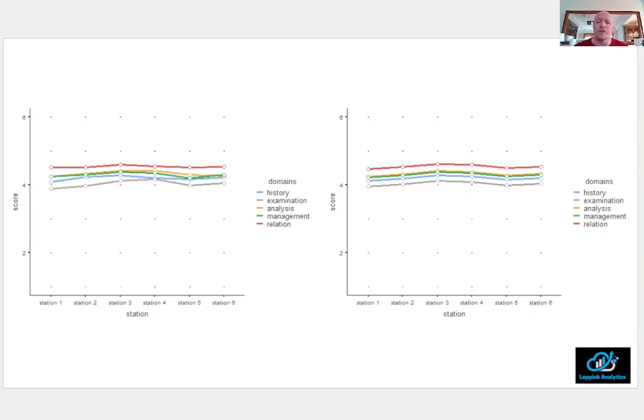And knowing how different stations and domains perform is important to understand key features of the current assessment and the cohort that has undertaken the assessment, and may also inform future assessments or perhaps innovations of specific training activities.